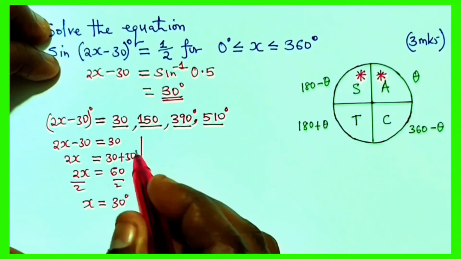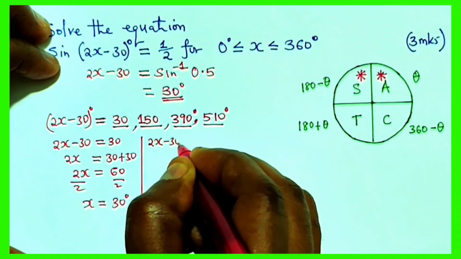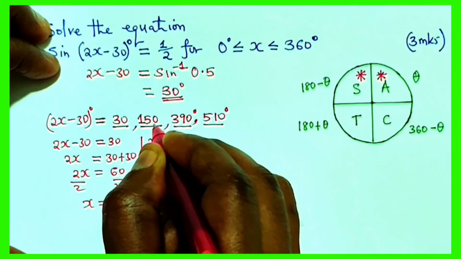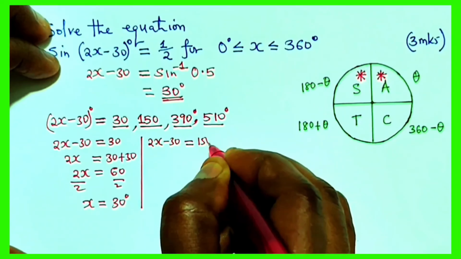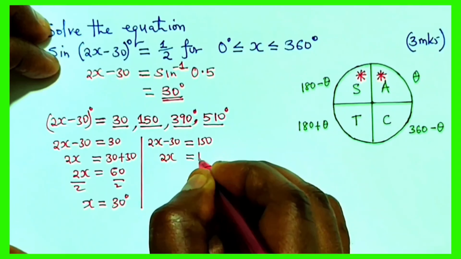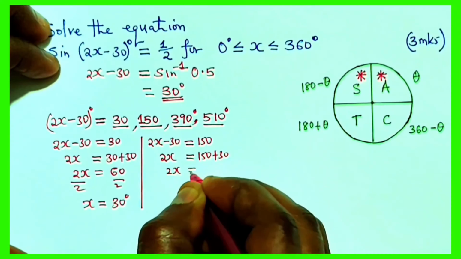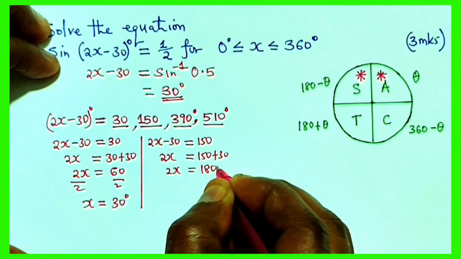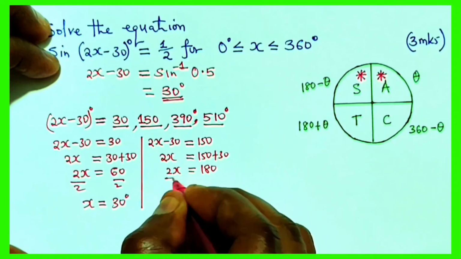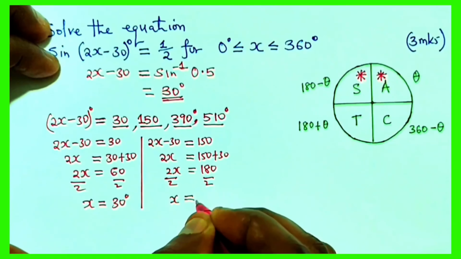The second value of x, we are going to consider that 2x minus 30 degrees will be equal to the second angle here, which is 150 degrees, and therefore 2x will be equal to 150 plus 30 degrees, and therefore 2x is equal to 180 degrees.